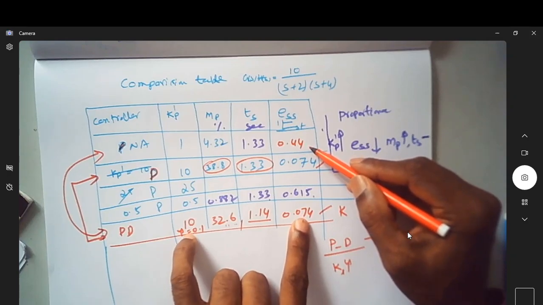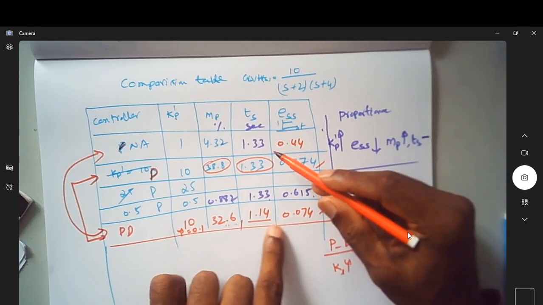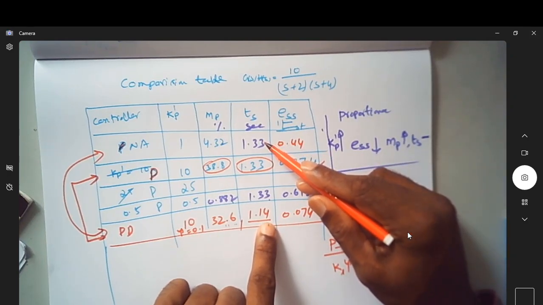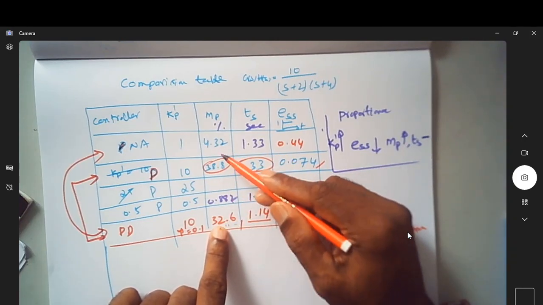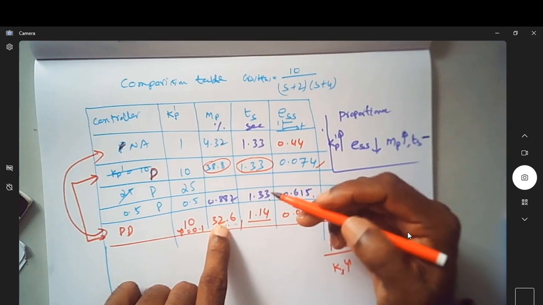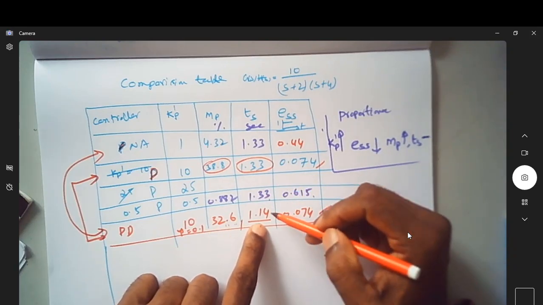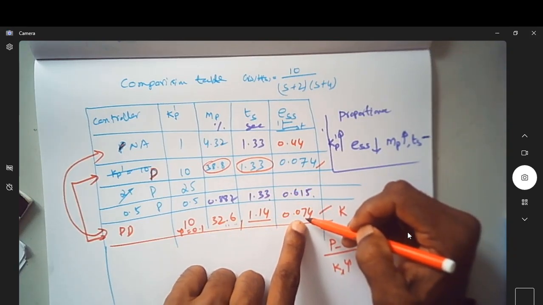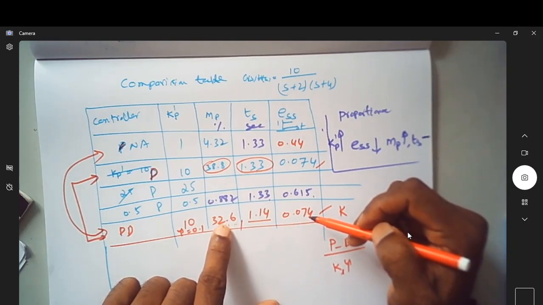Can you see the settling time also has reduced? Of course, there is an increase in the value of MP. So you can get a better response in terms of settling time and the final steady state at the cost of overshoot.